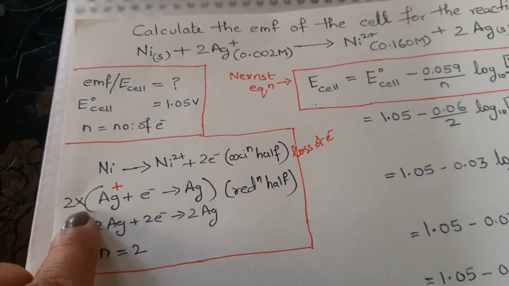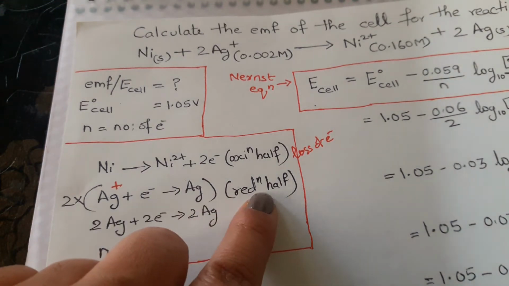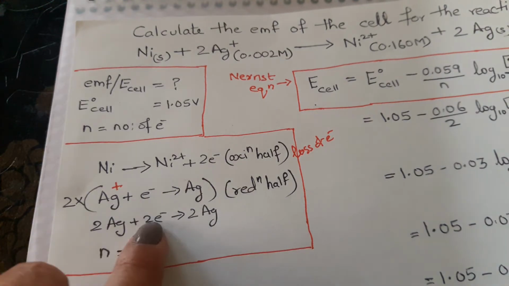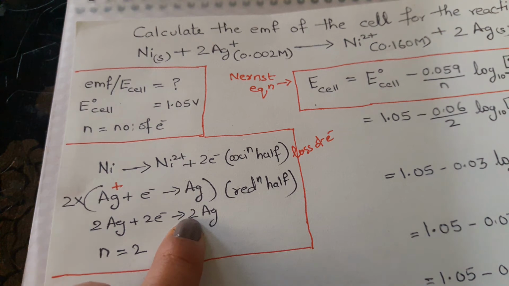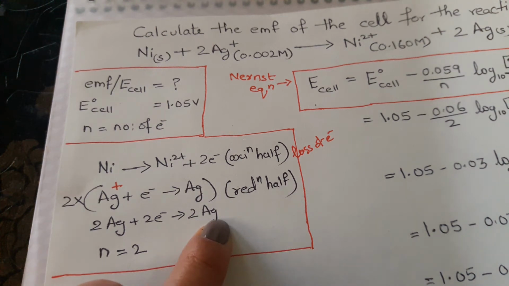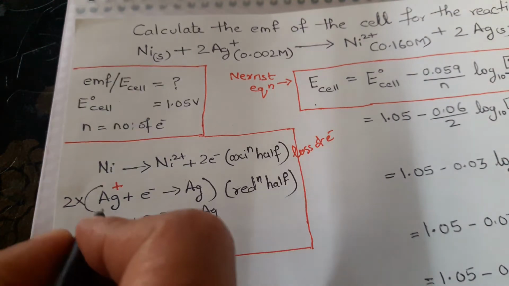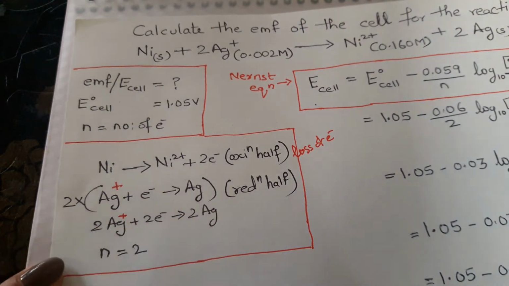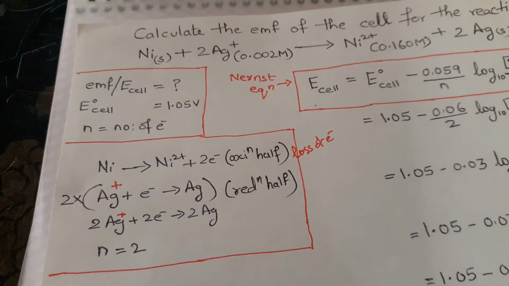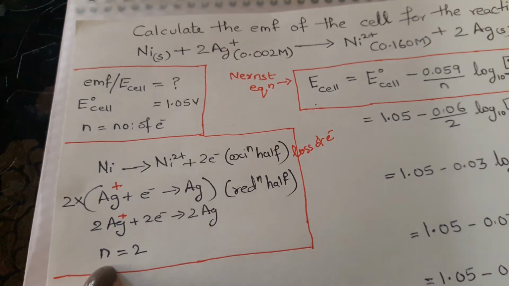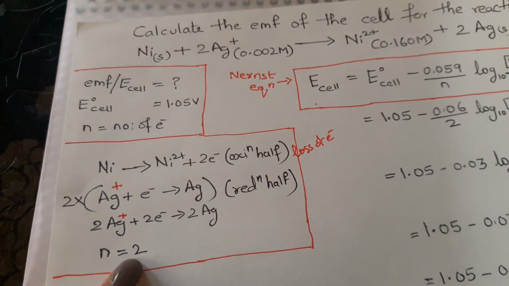So here we have to multiply the reduction half with 2 and then we get 2Ag+ + 2 electrons, which gives 2Ag. And thus the number of electrons comes out to be n equal to 2.